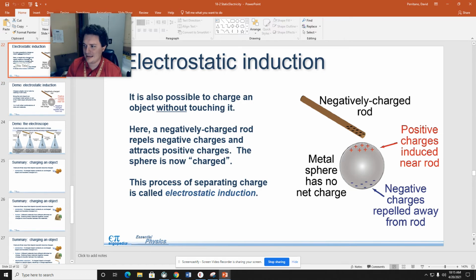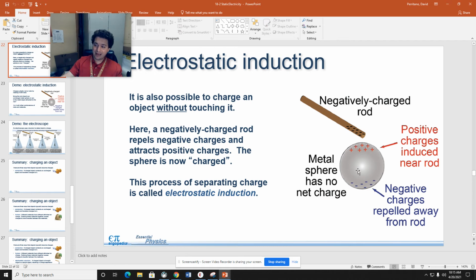Because opposites attract, if you bring something that is charged, like this negatively charged rod, near a neutral object, what will happen is opposites will attract and like poles will repel. The positive charges are pulled towards the negative because they like each other. And the negative charges are pushed away because they hate the negative charges.